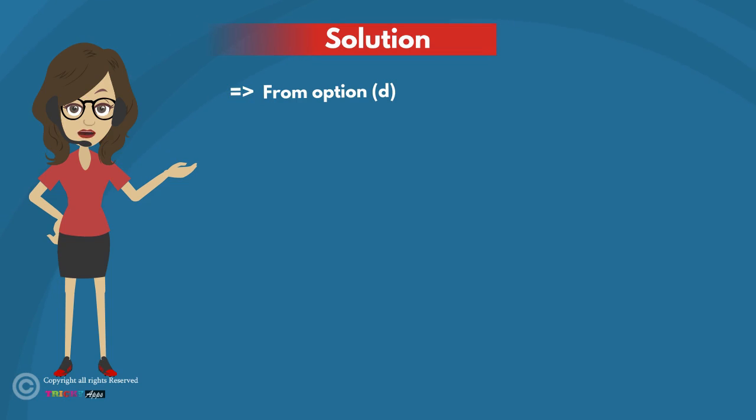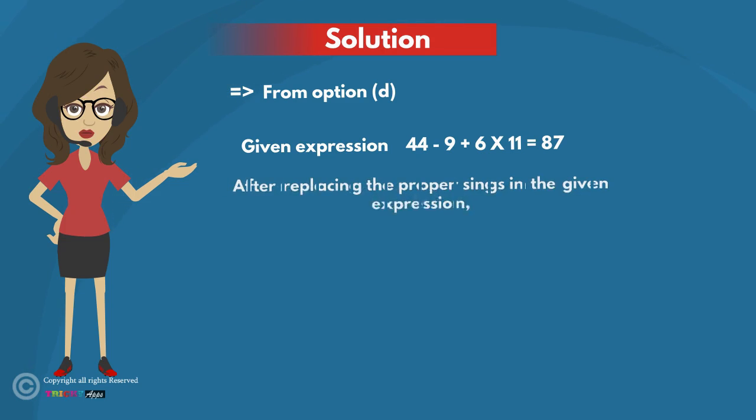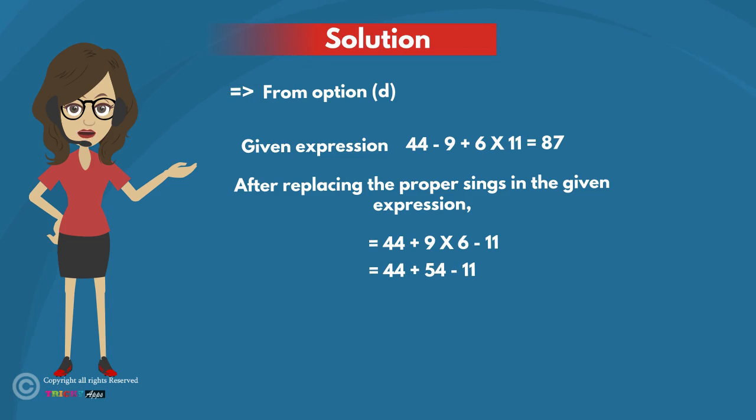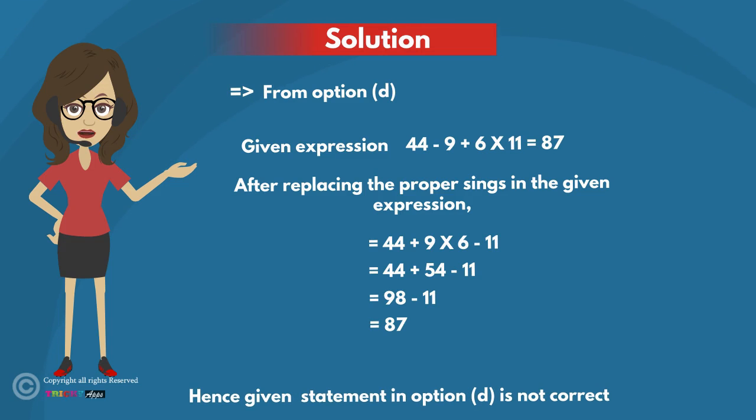From option D, the given expression is 44 minus 9 plus 6 into 11 is equal to 87. After replacing the proper signs, we get 44 plus 9 into 6 minus 11, that is 44 plus 54 minus 11, that is 98 minus 11, and solving this we get 87, which is true. So here, the statement in option C is not correct.